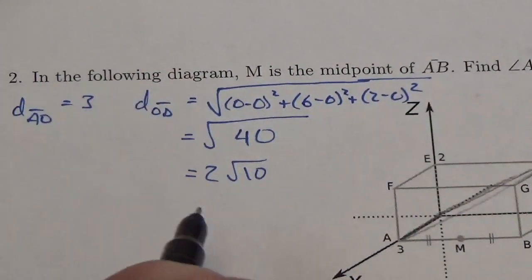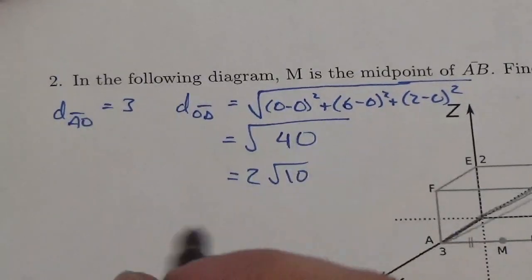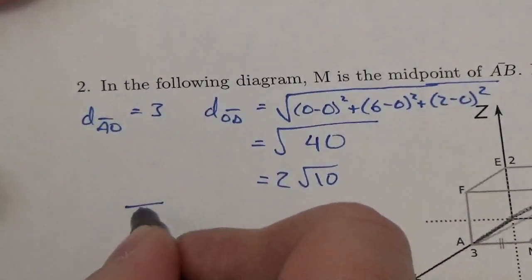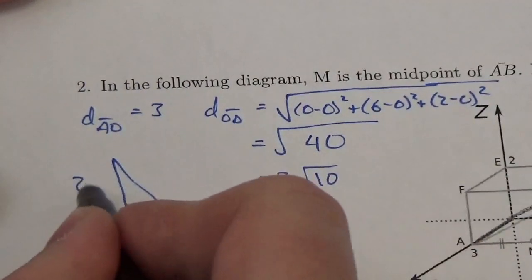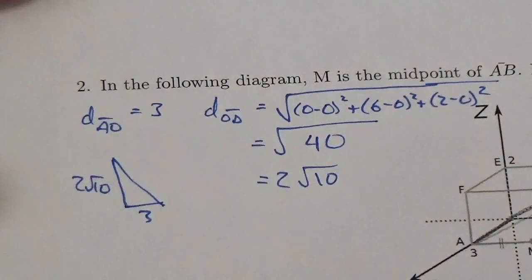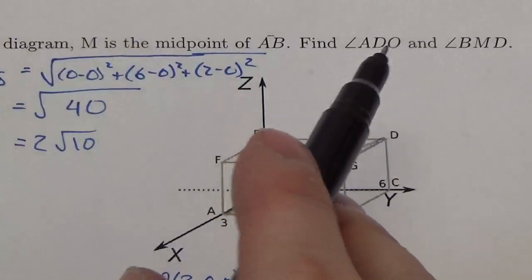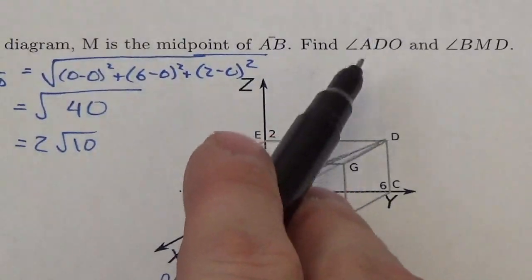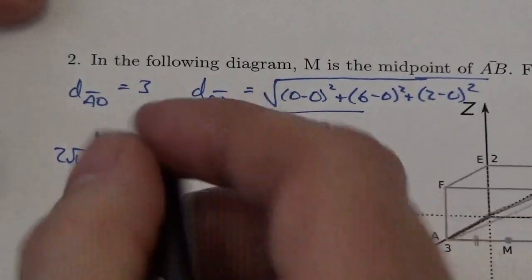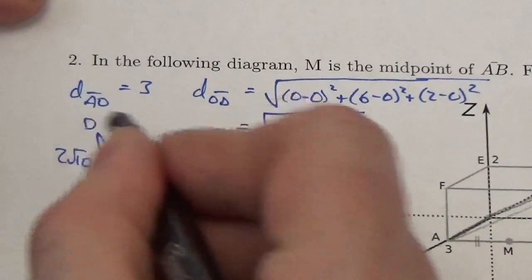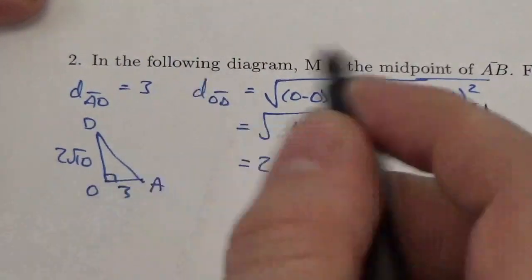So now what I've got is the distance along one leg of the triangle. This is 3. And then I've got the other leg right there as 2 root 10. And remember, I want to figure out what the angle is at D. It's got to be ADO. Based on the way I've drawn this here, here's my D, this is my A, here's my origin right there.